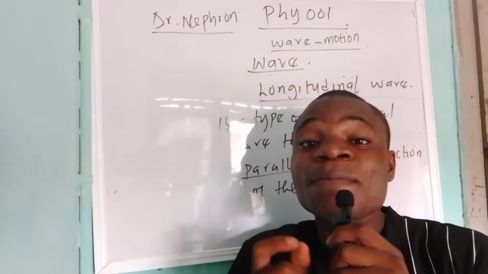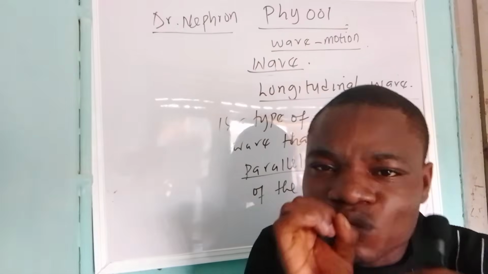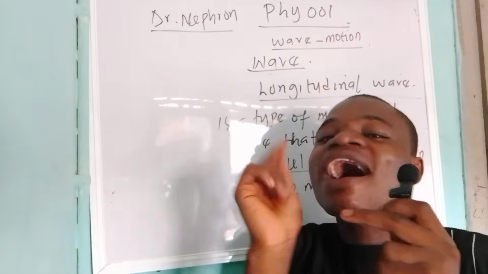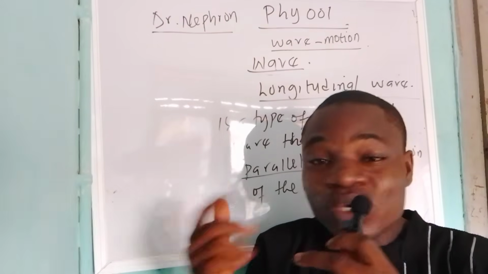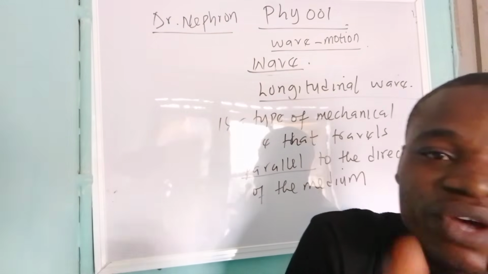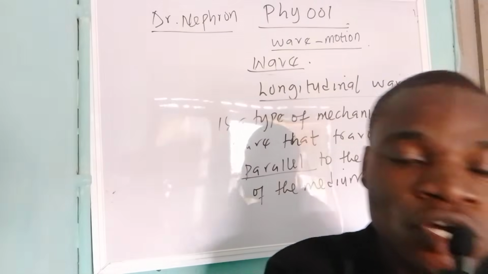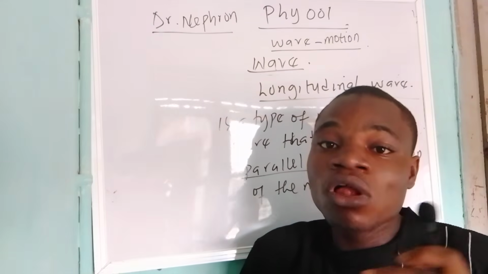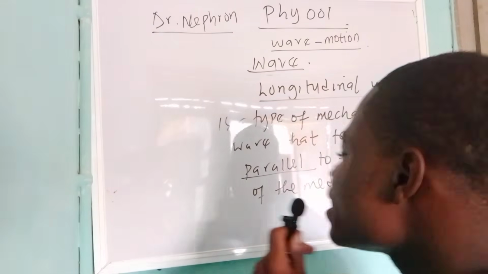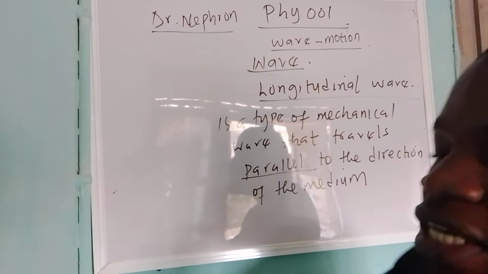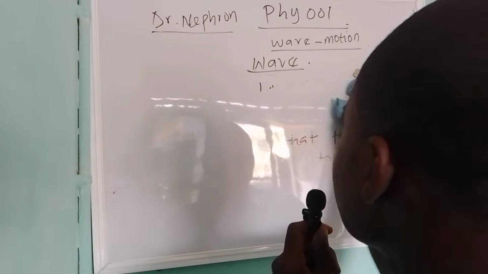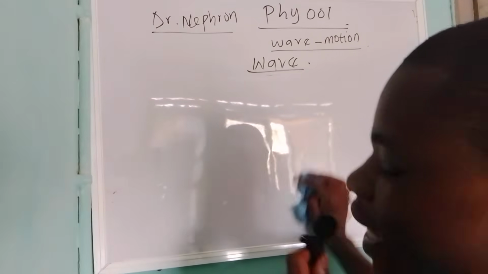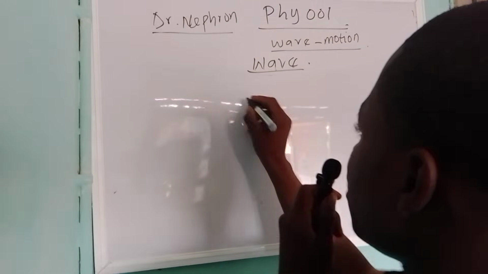Longitudinal wave is a type of mechanical wave that travels parallel to the direction of the medium. John will definitely ask you: the type of wave that travels parallel to the direction of the medium is called longitudinal wave. A good example of longitudinal wave is the sound wave.